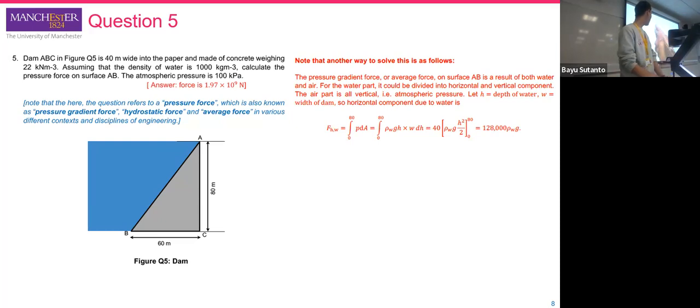So if we take it as a function of h, we know that dF is equal to, sorry, this is rho g h, W g h. We still have that pressure equals density, gravity and h, and dA, the small area, will be equal to W multiplied by dh.